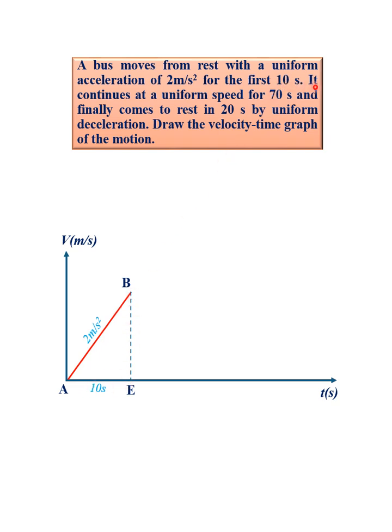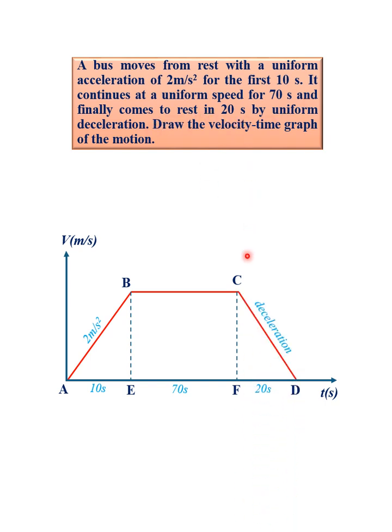It says it continues at a uniform speed for 70 seconds. It means when it got to the speed of B, it maintained that speed for 70 seconds. So this is the uniform speed stage of the journey. Then we are told that it finally comes to rest in 20 seconds.